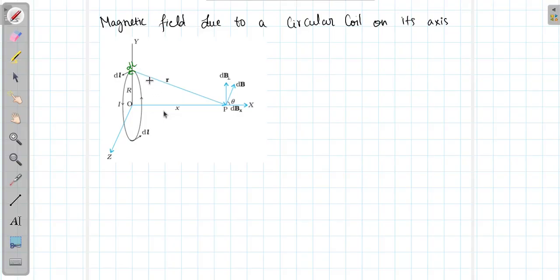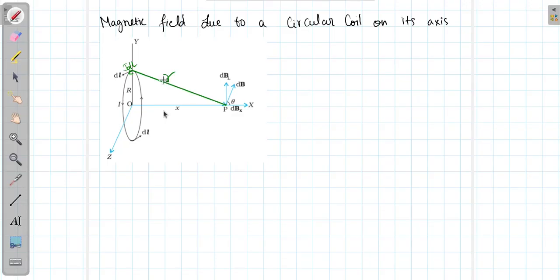Due to this current element dl, in which the current is flowing, we are getting a magnetic field at this point P. And you connect the position vector from dl to the point P, and here it is our R.